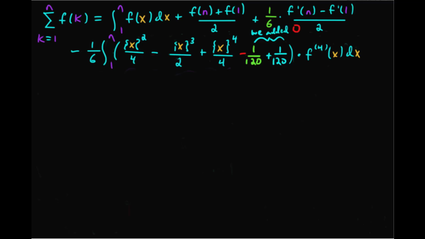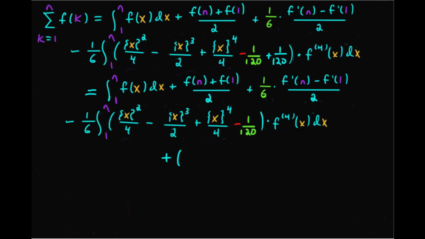This allows me to split the integral into two pieces, so I have that polynomial expression minus 120 multiplying the fourth derivative of f of x dx. And then I also have plus negative 1/6, remember that's the coefficient out front that gets carried along, times the integral from 1 to n of 1 over 120 times the fourth derivative of f of x dx.